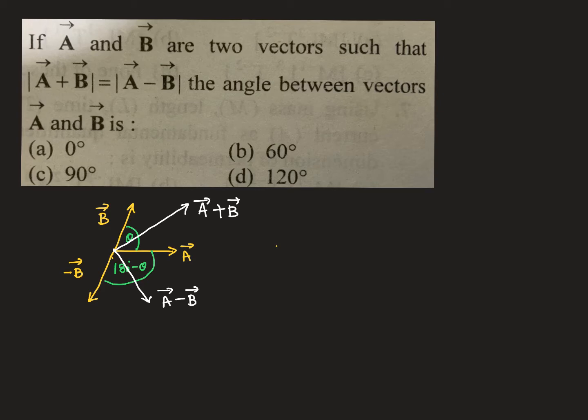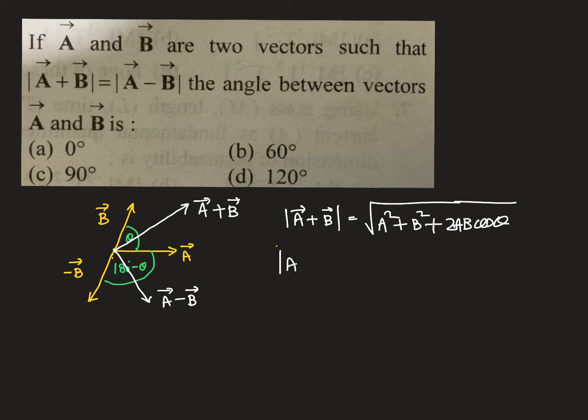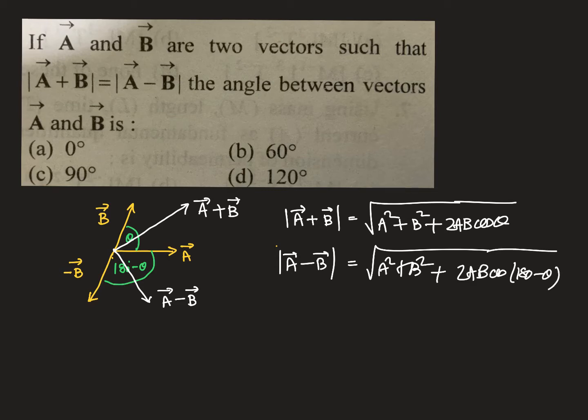Okay, so what is mod of A plus B? Mod of A plus B is equal to root over A square plus B square plus 2AB cos theta, and mod of A minus B is equal to root over A square plus B square plus 2AB cos of 180 degrees minus theta. Now cos of 180 degrees minus theta is equal to minus cos theta.